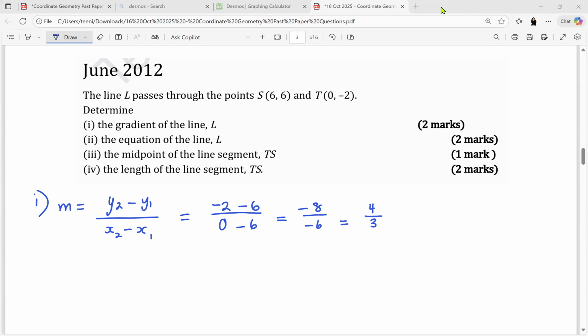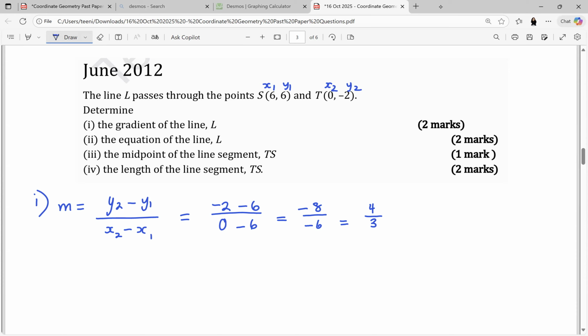Oh, that's what you did. So you're really supposed to have x1, y1, x2, y2, right? Evan, did you get 4/3 as your gradient? No, miss, I did it wrong. Where did you make the mistake? I put 6, 6, -2, -0. Okay, same thing. They made the same mistake, right?